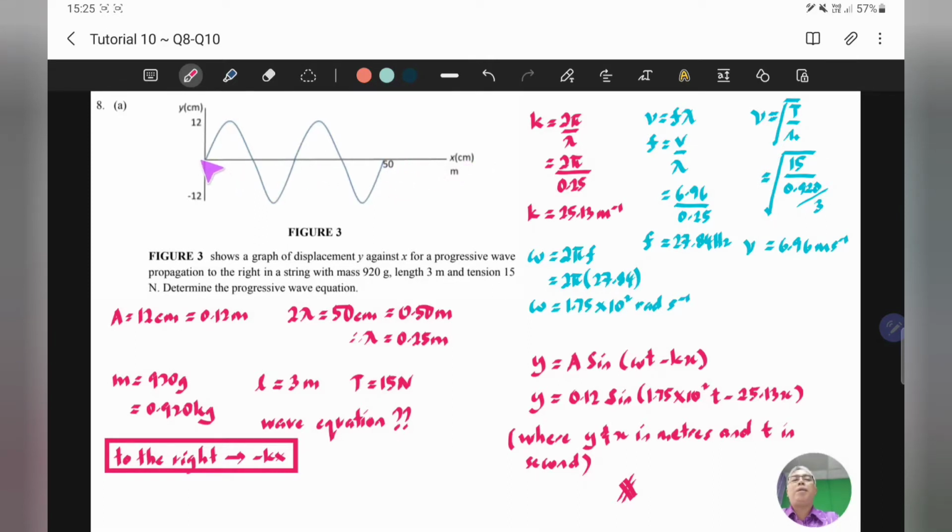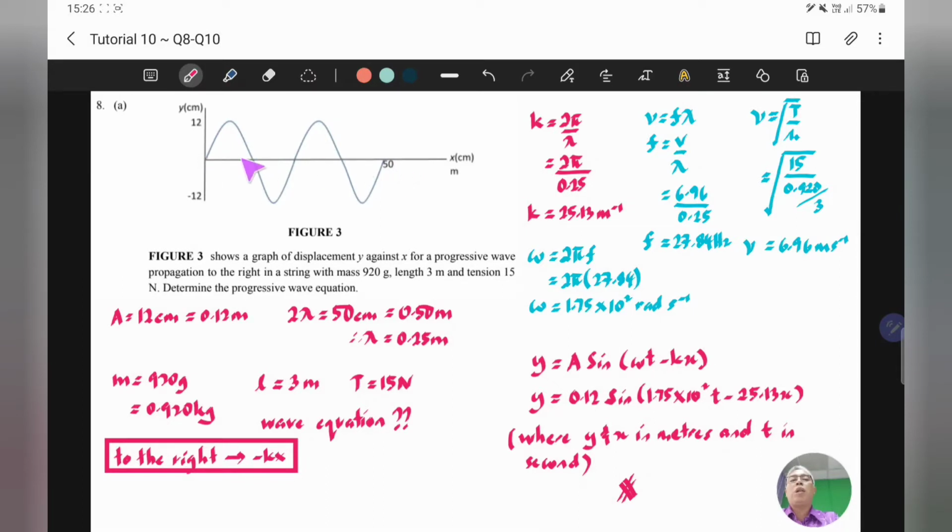Okay, so remember this is the distance of wave propagation. So this is about length. So 50 centimeter, what value is that? Please refer to this curve. This curve represents 1 lambda, isn't it? So now we have 2 lambda. So 1 lambda plus 1 lambda gives you 50 centimeter.